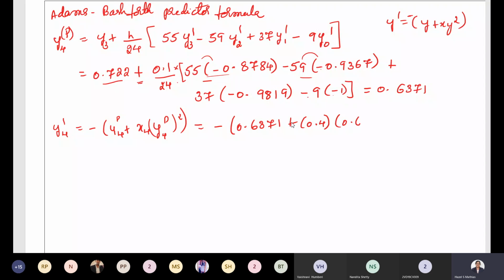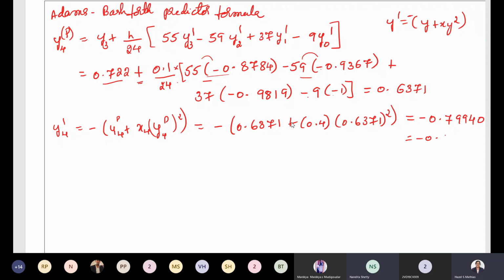So it is minus 0.6371 plus 0.4 times 0.6371 whole square. Minus 0.79940. Yes, ma'am. Okay, anybody, any other answer? Ma'am, minus 0.7995.